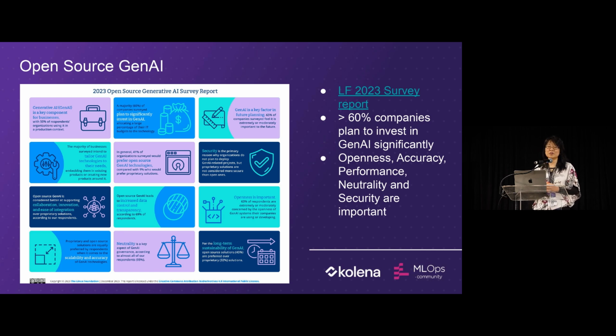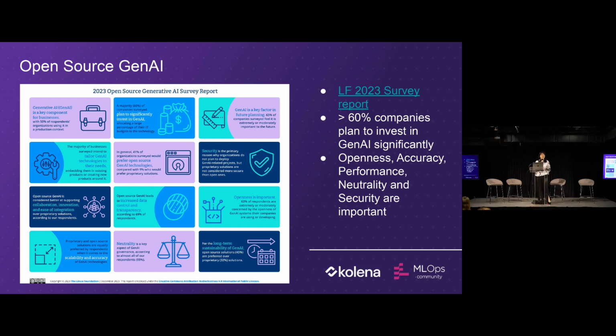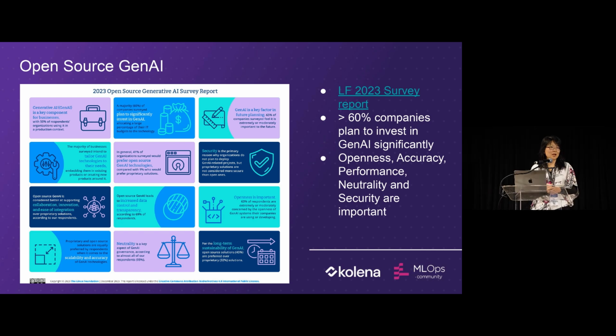As you can see from the survey, first of all, over 60% of the people claim that their companies or organizations plan to significantly invest in Gen AI. The second theme is that they all want to adopt open Gen AI technology because it's publicly available, innovative, encourages collaboration, and is easy to integrate.